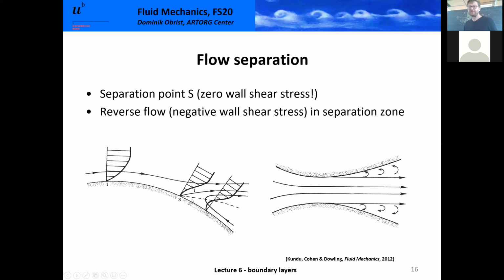And flow separation is a phenomenon that is well known. For instance, here in this diffuser, you get flow separation. And we'll see, I think, in 3 or 4 weeks when we talk about aerodynamics, that flow separation is a very well-known phenomenon on airfoils, and it creates a stall condition in airplanes. So when airplanes are stalling, essentially falling out of the air because they lose most of their lift and drag increases dramatically, this is the situation of flow separation.